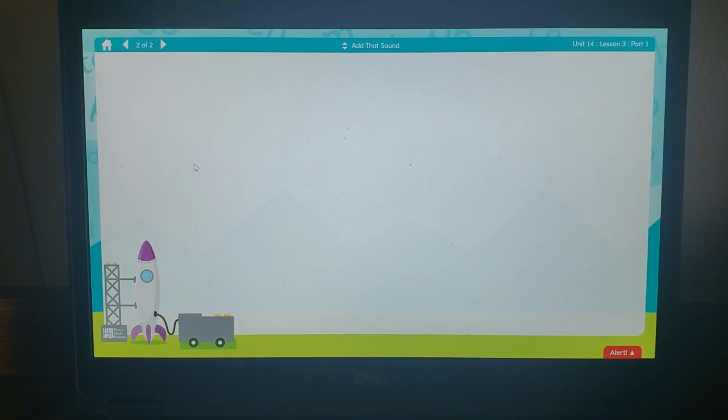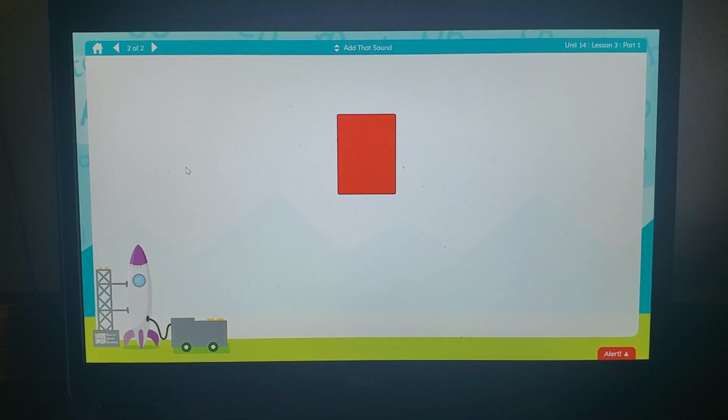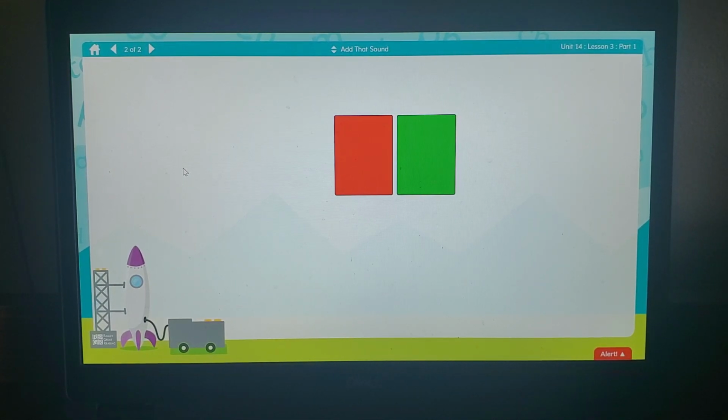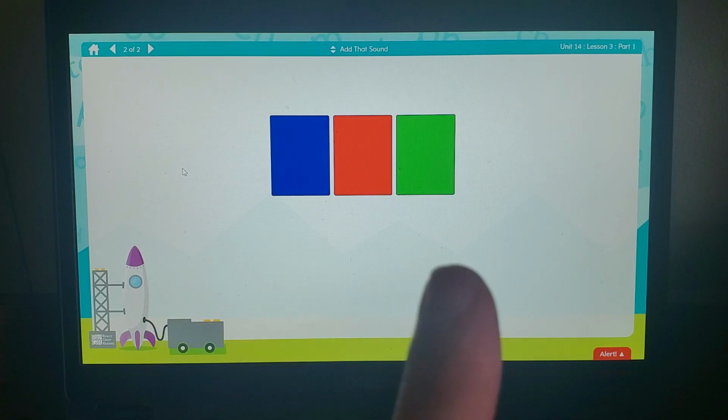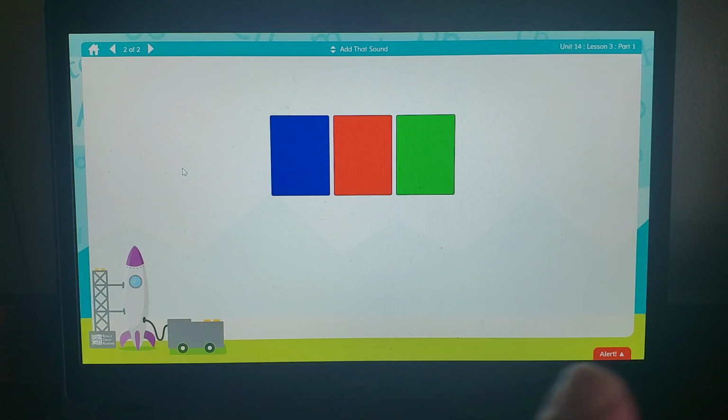Next we have oat, oat, add b at the beginning of oat. Now we have b, oat, boat.